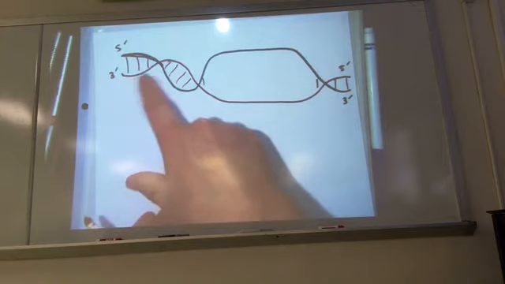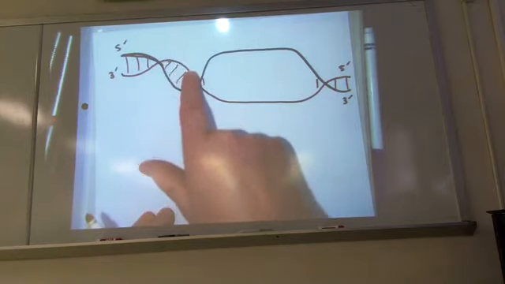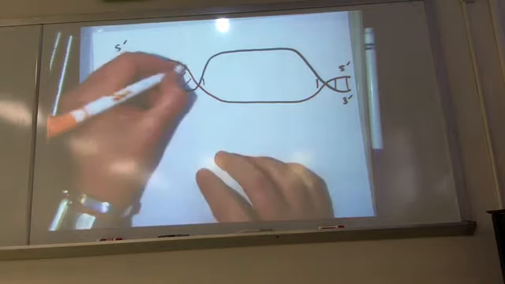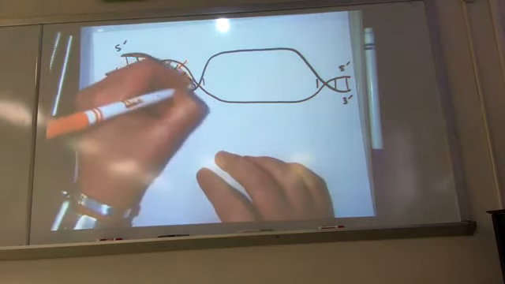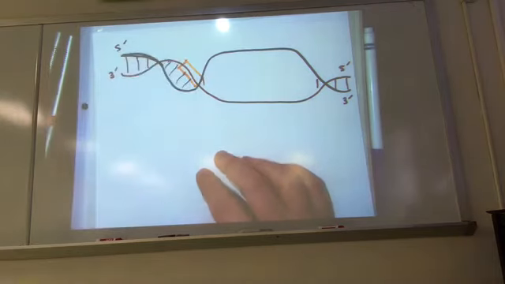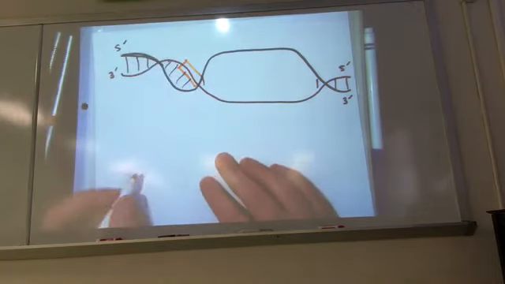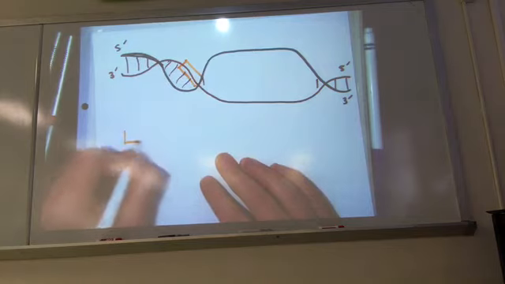So trace this one here, and this one is where the promoter region will be found. I'm just going to highlight it as sort of a box. So those nucleotides will represent the promoter region.